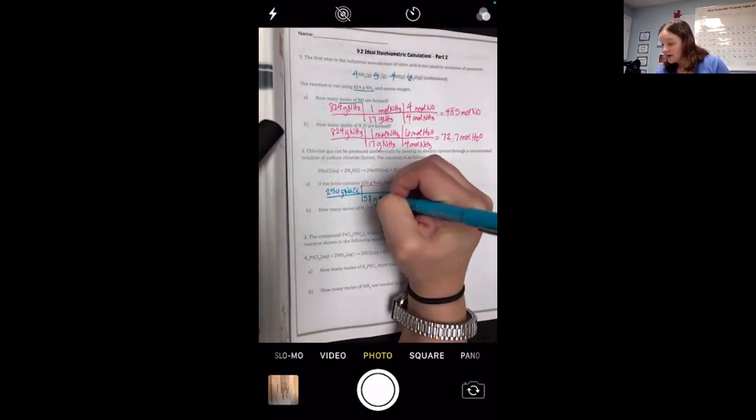And then this one is balanced for us. So we have 2 moles of NaCl and we have 1 mole of chlorine. So I would do 250 divided by 58 times 2. Remember, if you're going to do that in one step, then you need to use parentheses.